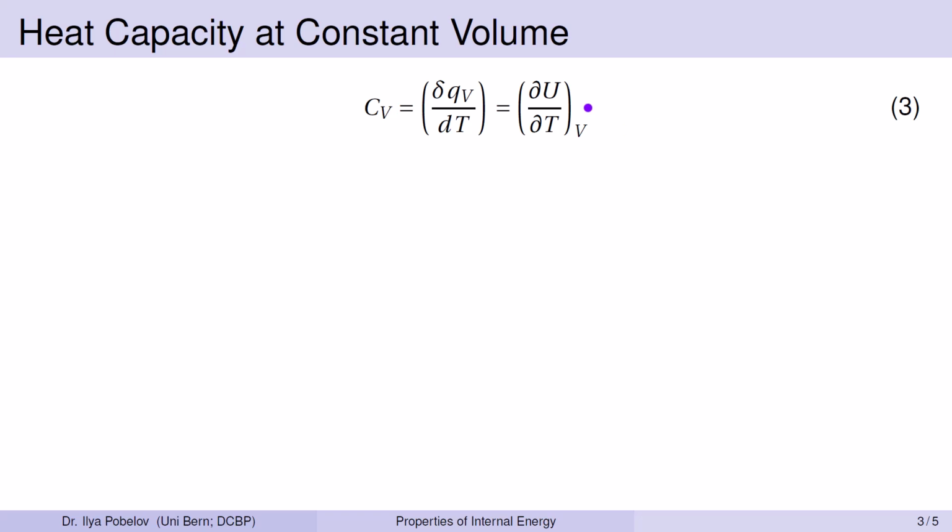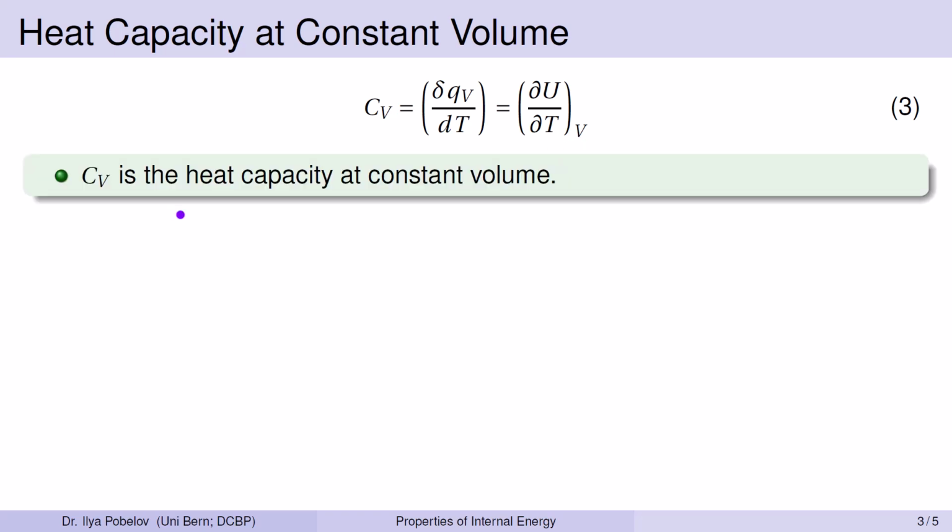The condition of constant volume is important here because internal energy, U, depends on several variables and can be differentiated in different directions. This property is referred to as the heat capacity at constant volume, CV.